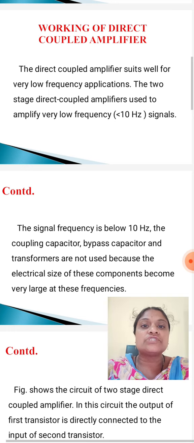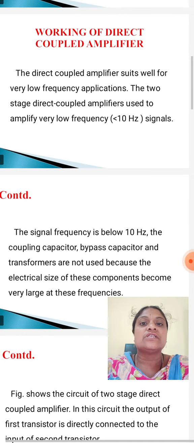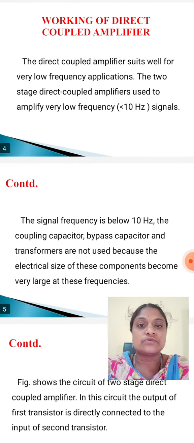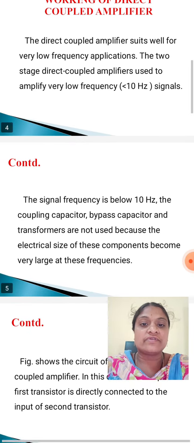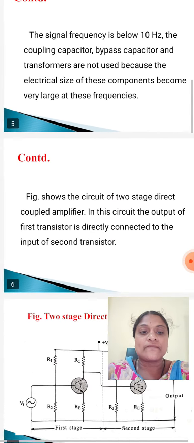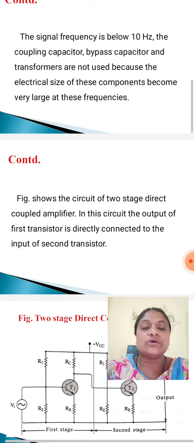The two-stage direct coupled amplifier is used to amplify very low frequency signals, where the signal frequency is below 10 Hz.